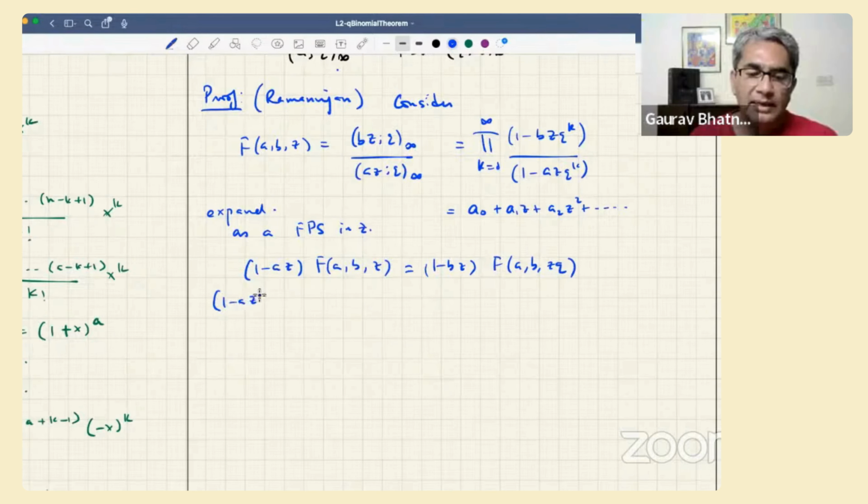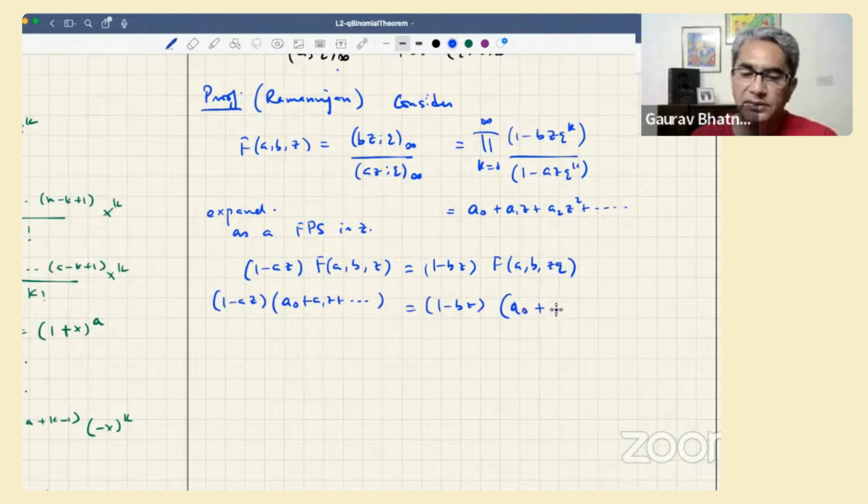So 1 minus az times this power series, a0 plus a1 z plus and so on, is equal to 1 minus bz times a0 plus a1 zq plus a2 z squared q squared plus and so on.